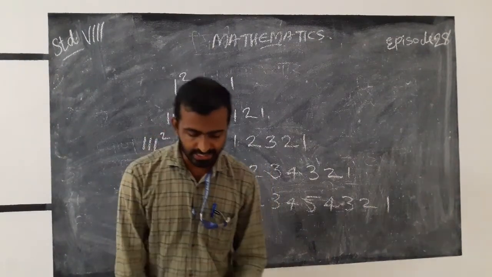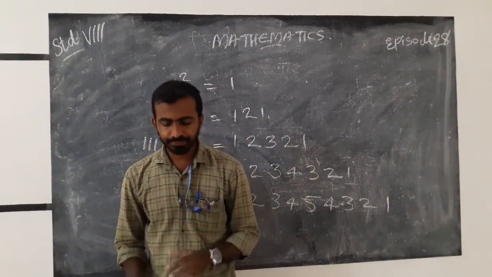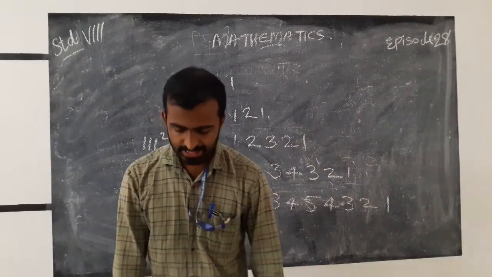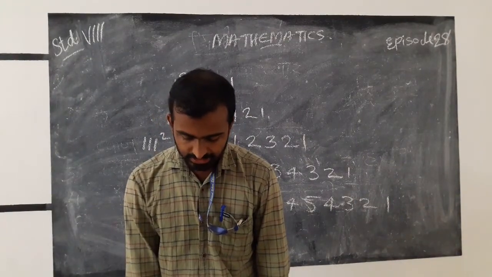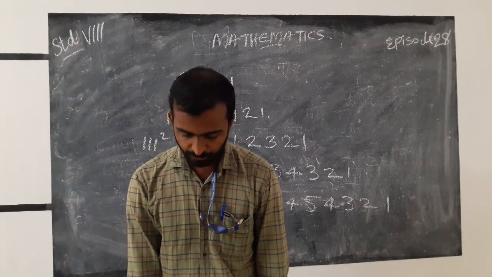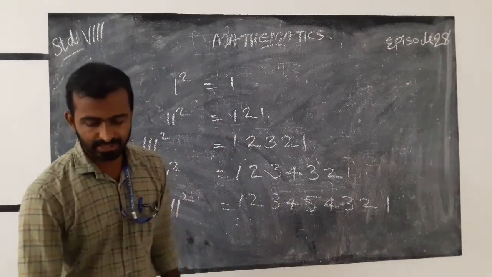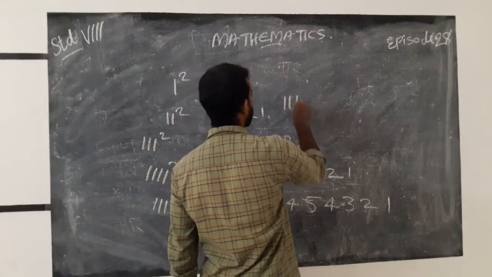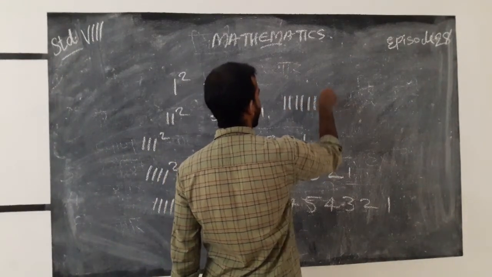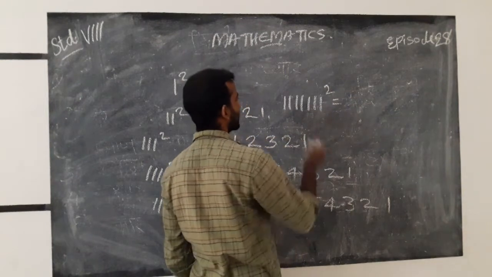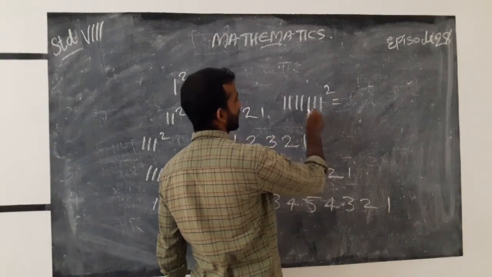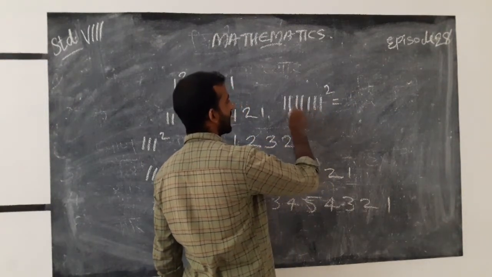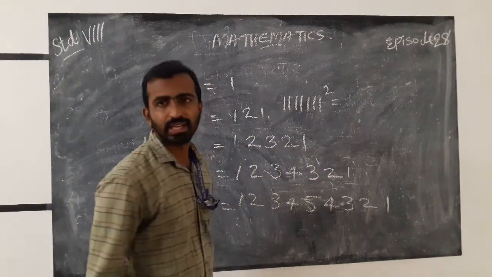And next, we are discussing some triads. That is, here is 1, 2, 3, 4, 5, 6, 7 digits. That is 1,111,111 square.